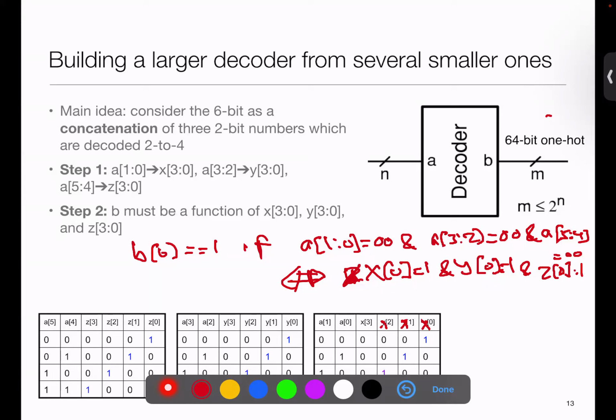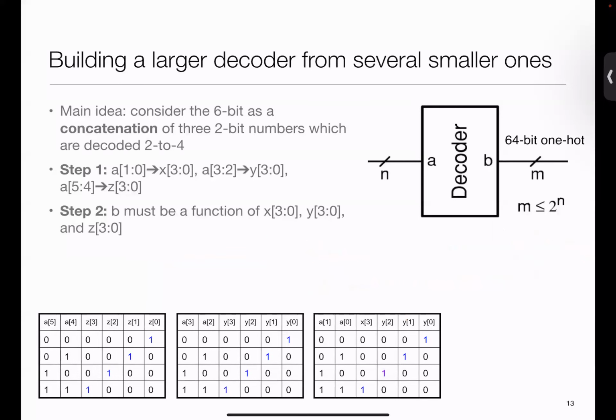That for each one of the B, it represents some combination of one of the Z's, one of the Y's, one of the X's. So for example, let's say I'm looking at B63, right? B going from 0 to 63. So if I'm looking at B63, then that happens when all the A's are 1. And looking at our table, that would mean that Z3 is high, and Y3 is high, and X3 is high.